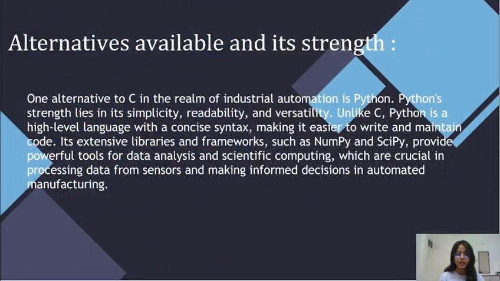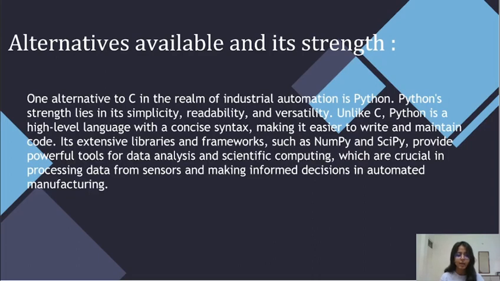Alternatives available and its strength. One alternative to C in the realm of industrial automation is Python. Python's strength lies in its simplicity, readability, and versatility. Unlike C, Python is a high-level language with a concise syntax, making it easier to write and maintain code.